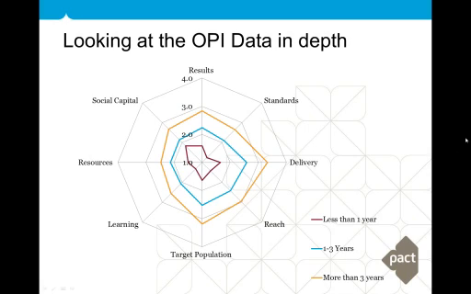Since I'm talking to a Results and Measurement crowd, I know that you all know that there are some measurement issues with saying that partners we work with longer increase their scores over time uniformly. But we're hoping that as we get more year-on-year data across partners and across countries, we'll have more robust data to support our hypothesis that our capacity development approach improves organizational performance.